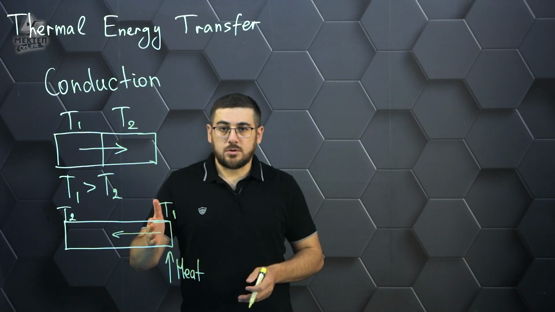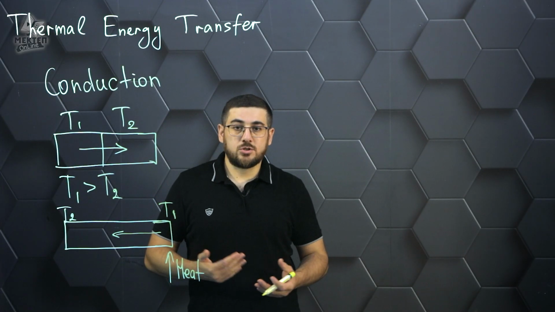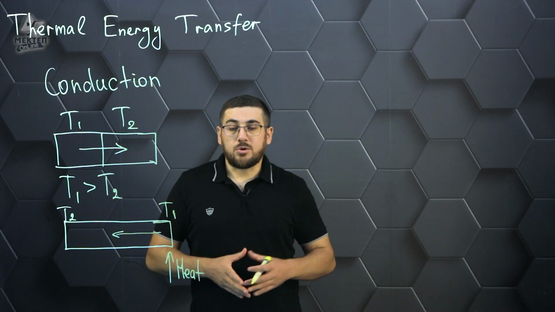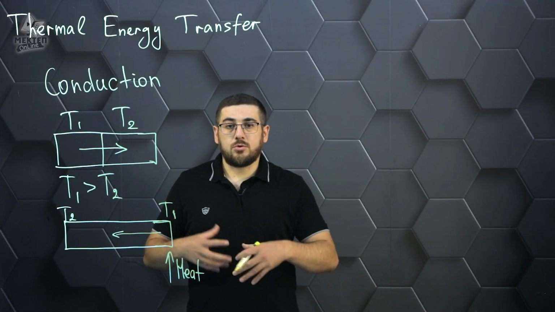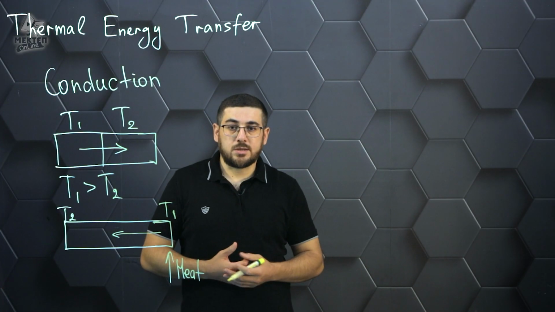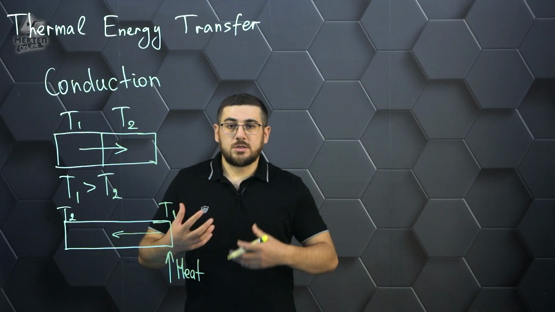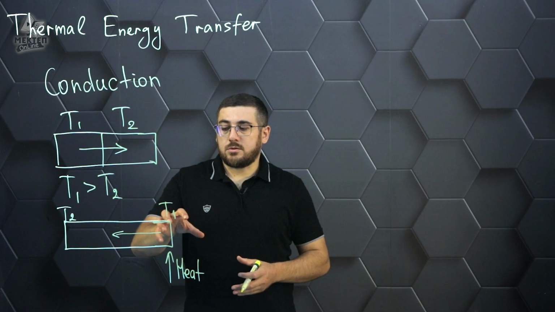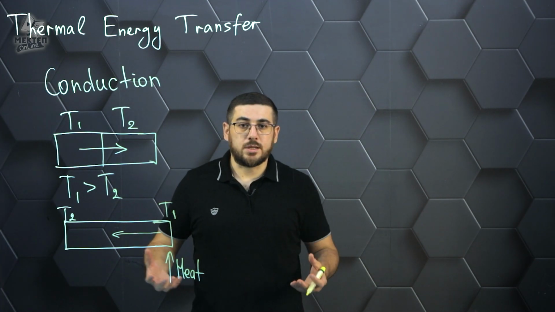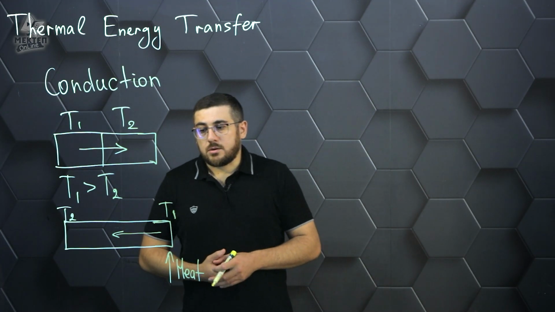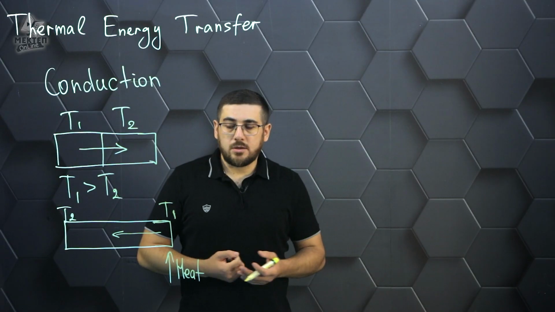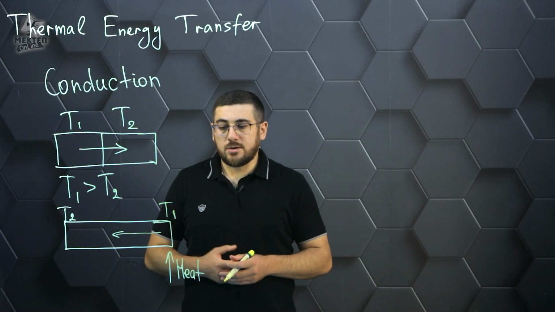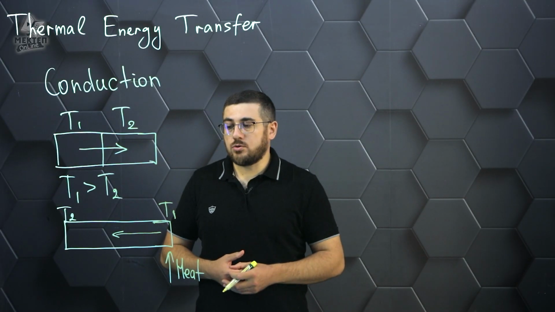So the neighboring layer, where that intensity is lower, under the influence of neighboring molecules begins to move more intensively, so the speed of movement begins to increase. And thus, due to these collisions and interactions of molecules with each other, this energy begins to spread throughout this object. This process, of course, is not so fast, but we can say that it goes at different speeds in different bodies.